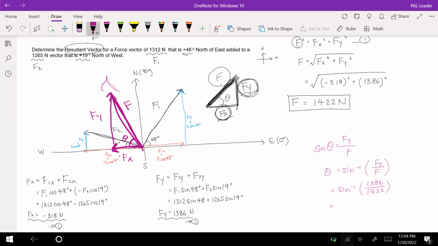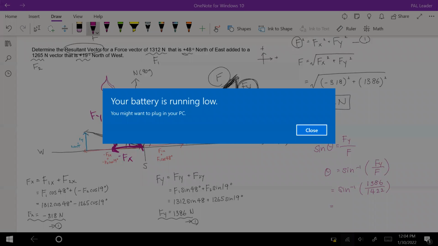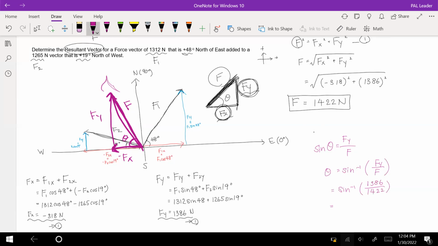It'd be good practice for you to do this with cosine or tangent to see if we get the same answer. Inverse sine of the fraction 1386 over 1422 would be 77 degrees.